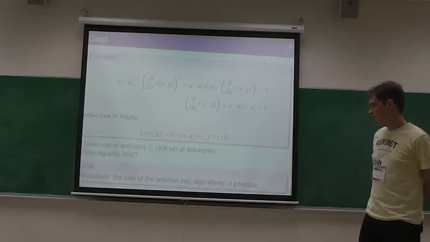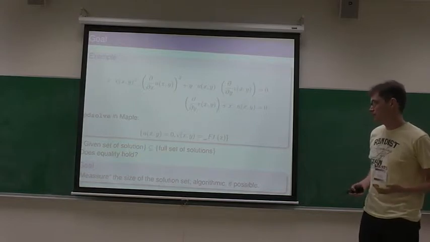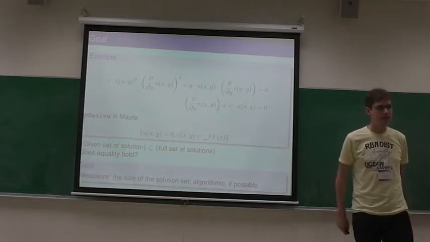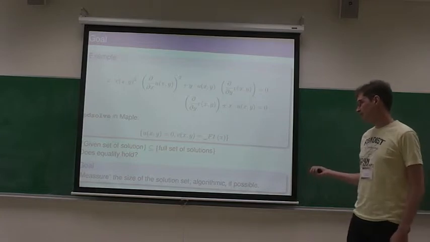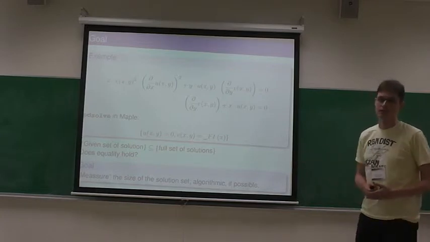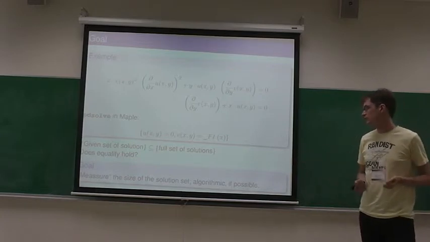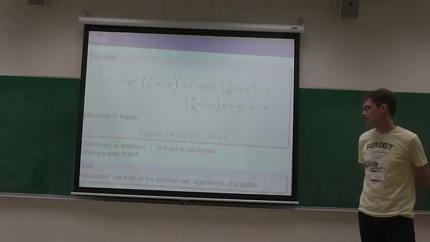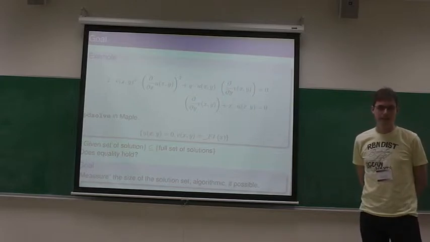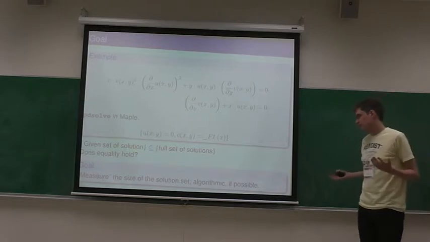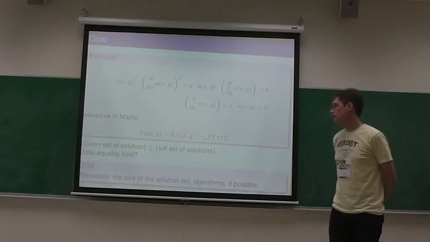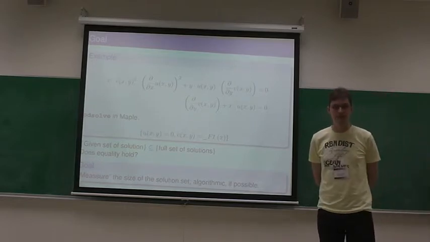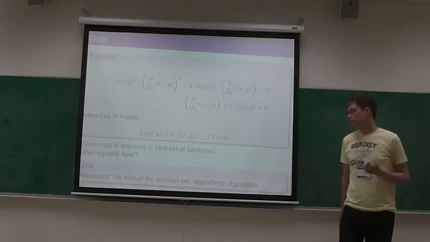So the motivation of this talk is: if I have a given set of solutions returned by Maple or some other computer algebra system, I'm interested in whether this is a full set of solutions. So whether an equality between sets of solutions of differential equations holds. And the goal, or how I want to tackle this problem, is by measuring the size of the set of solutions.